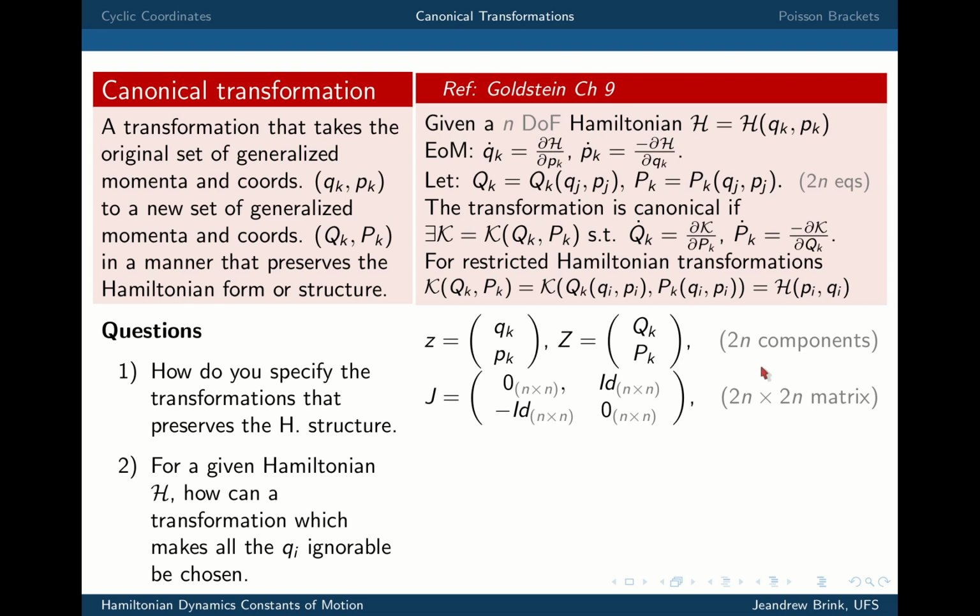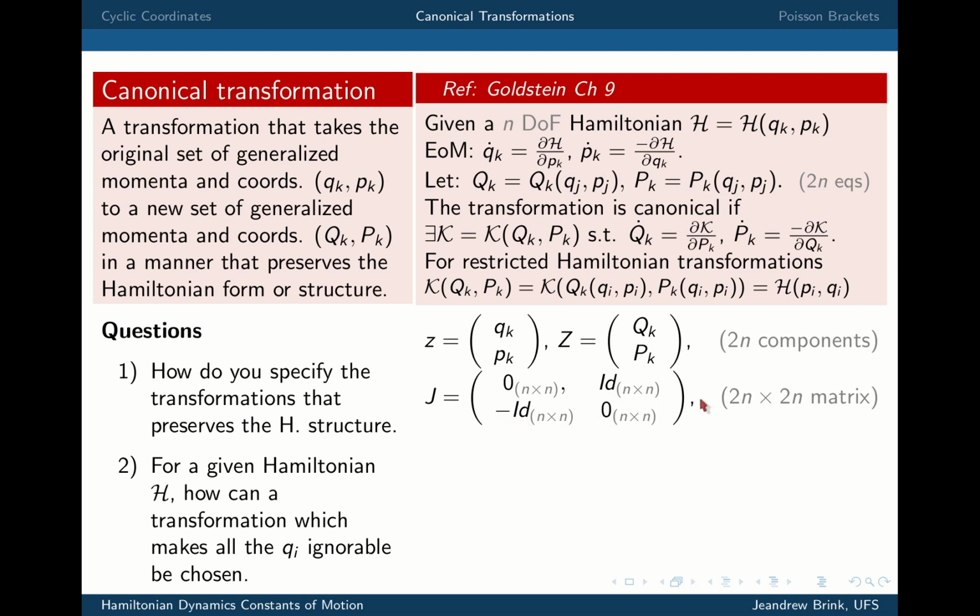And now I'm going to make a different matrix, which I think some of you may have come across. I'm going to call this matrix J. J is simply the zero n by n matrix followed by an identity n by n matrix, and then you have minus an identity n by n matrix and zero.